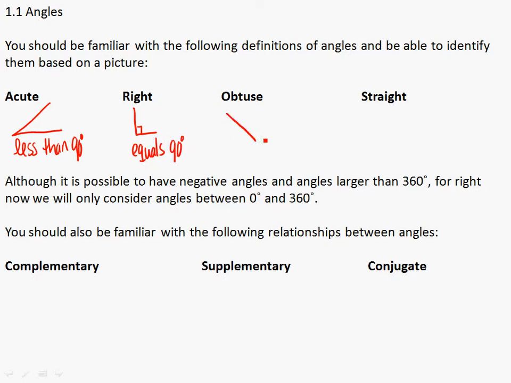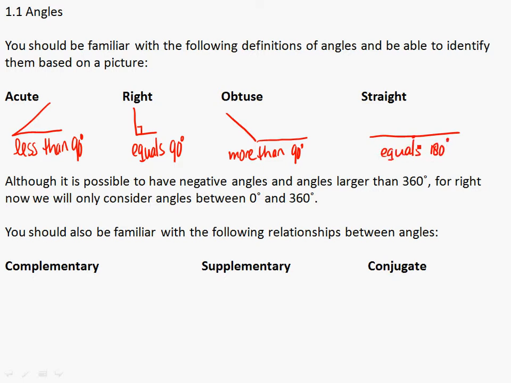Obtuse, and we'll go with more than 90, with the definition that we used for angle so far. That works. And straight, sort of a weird one, equals 180.